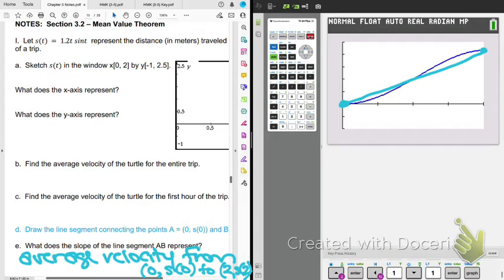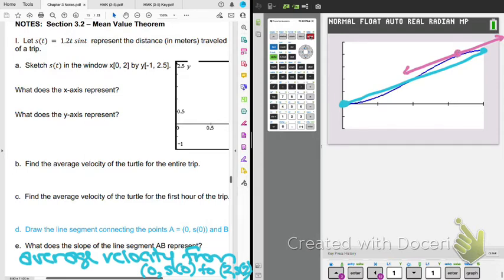So I'd like to draw a line that is parallel to this one that's just tangent to the curve. Where do you think I might be able to do that? I could go through somewhere like there-ish. I'm kind of bad at drawing these because they never end up being parallel, but that's the idea. We want to draw a line that might be tangent right here that is parallel to it.